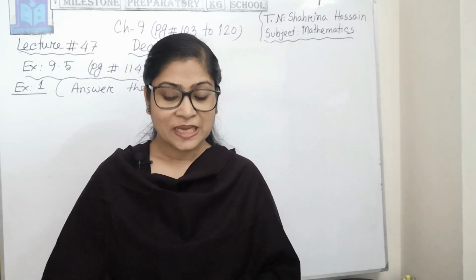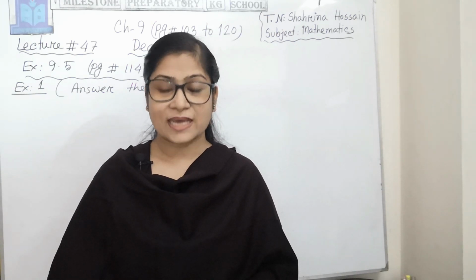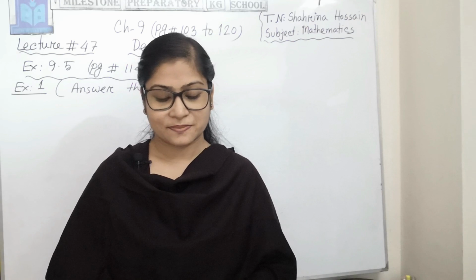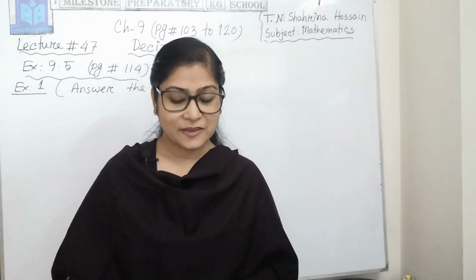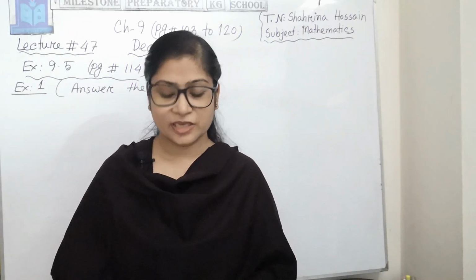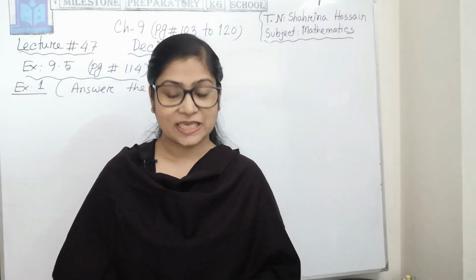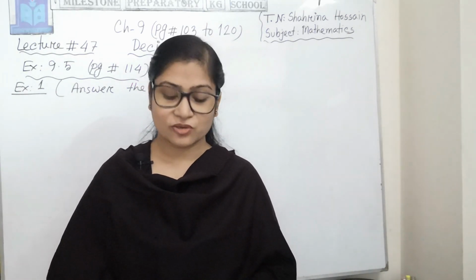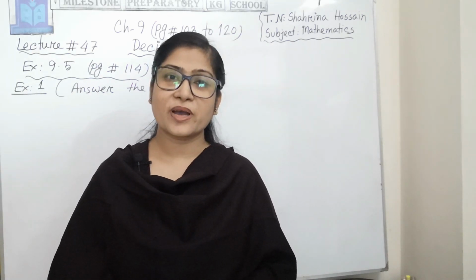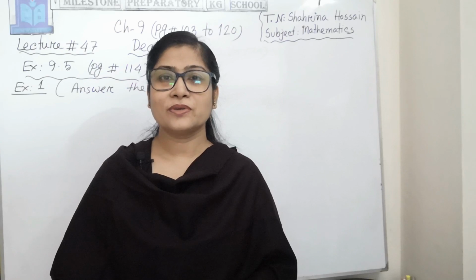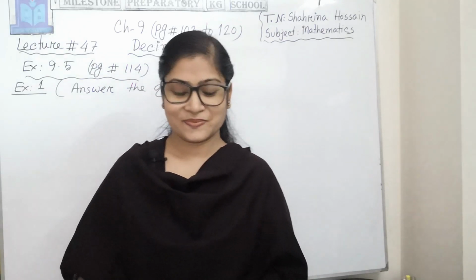Number B, write the number made of 155 0.001s. Number C, how many 0.01s make 6.82? And number D, how many 0.001s make 6.82? So students, now let's come to the board to find the solution.